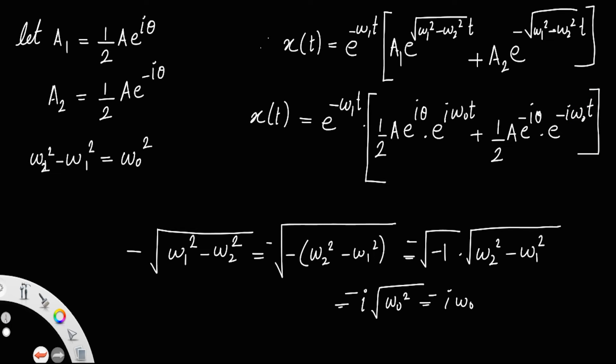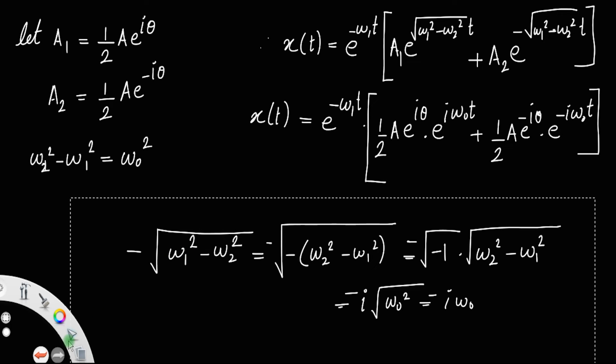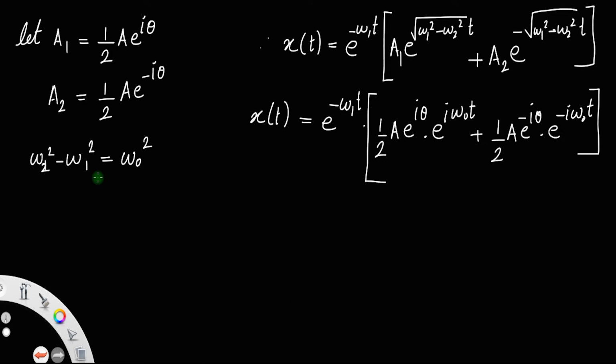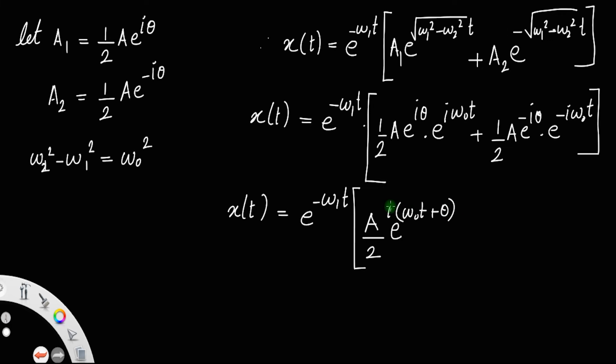Clear? So x of t is equal to e raised to minus omega 1 t into a by 2 e raised to i times (omega 0 t plus theta), with i common outside the bracket, plus a by 2 e raised to minus i times (omega 0 t plus theta).